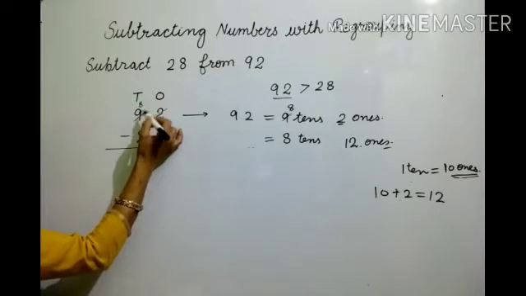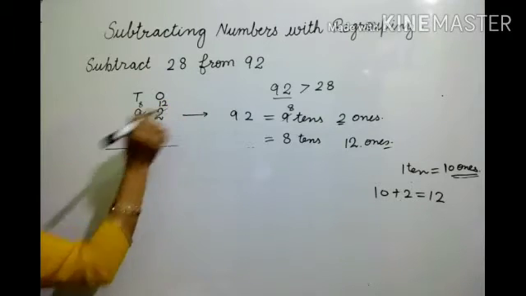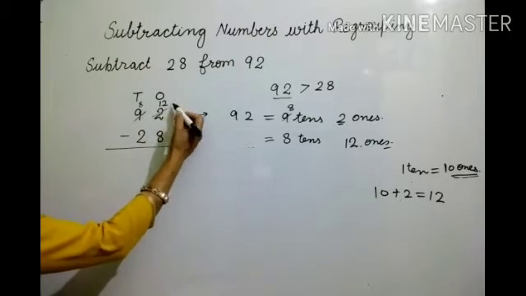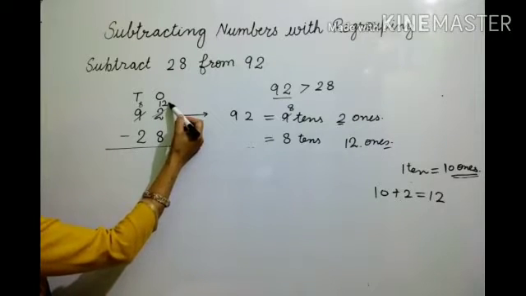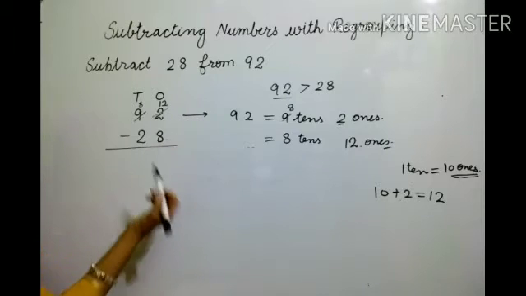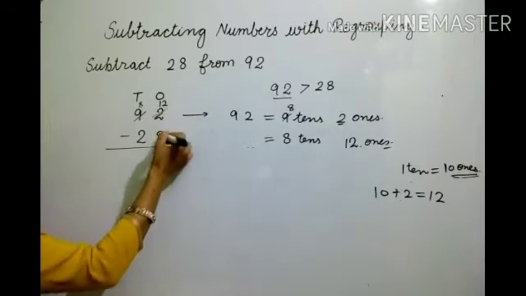Here 8 is left and here it becomes 12. Now from 12 we can subtract 8 because 12 is larger than 8. So we can subtract now. It is easy subtraction, 12 minus 8.